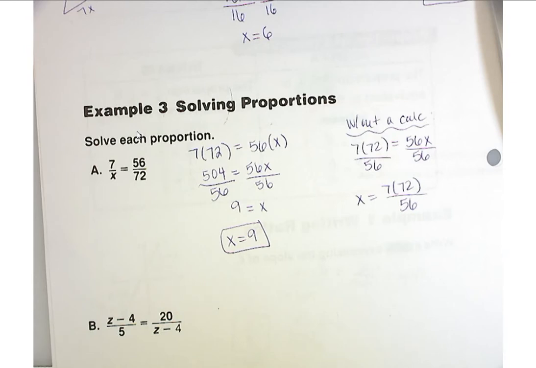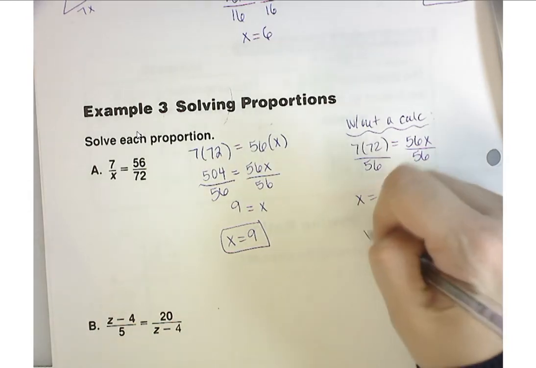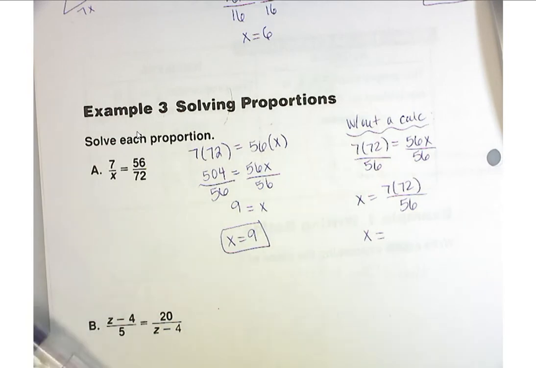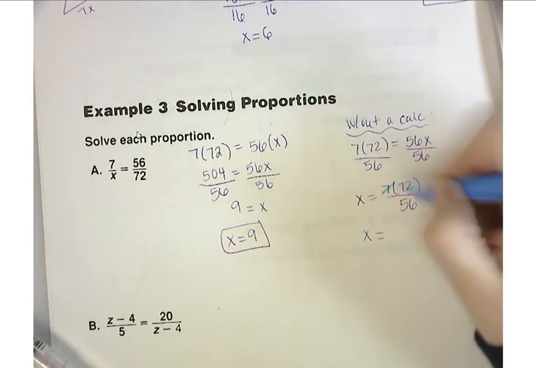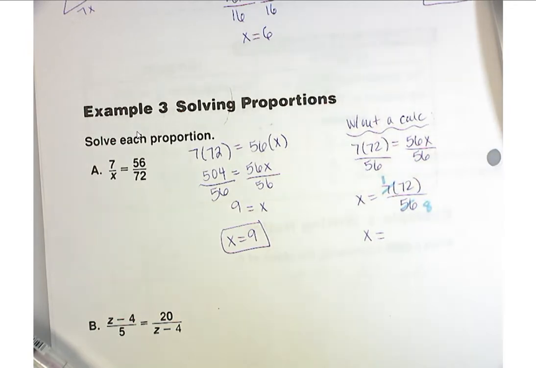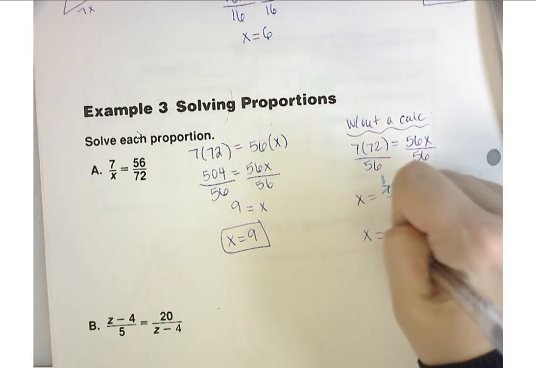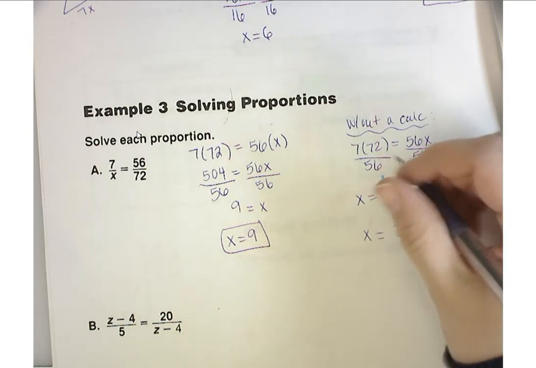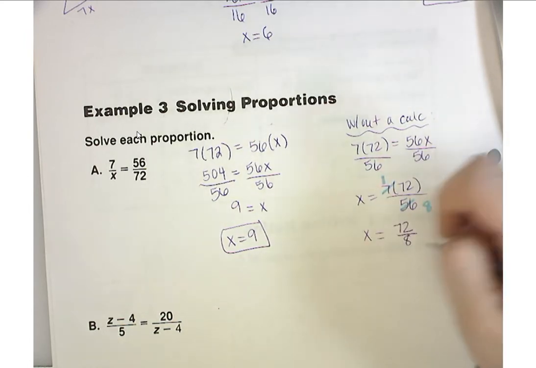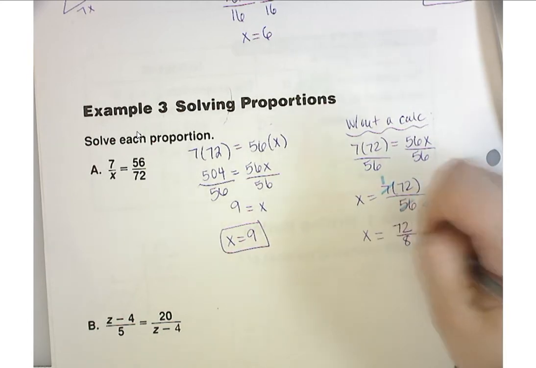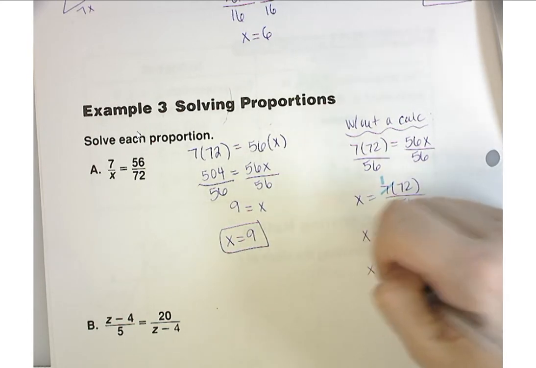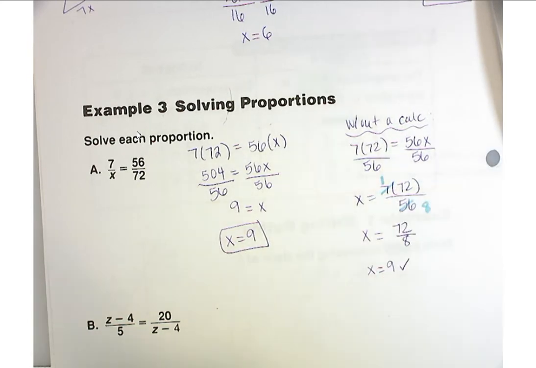How many times? 8. So then that would reduce. What I would do is I would cancel this out. So 7 divided by itself is 1. 7 divided by 56 is 8. So then I'd have 72 over 8. And what's 72 divided by 8? 9. Okay, and if you didn't know that, you could also just keep dividing by 2, and then you could keep reducing until you got one that you had. Okay, so that's good practice.